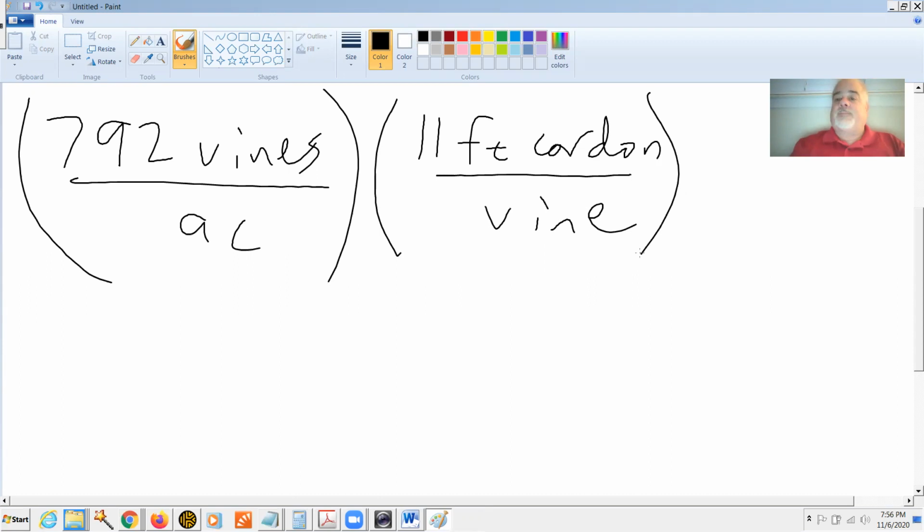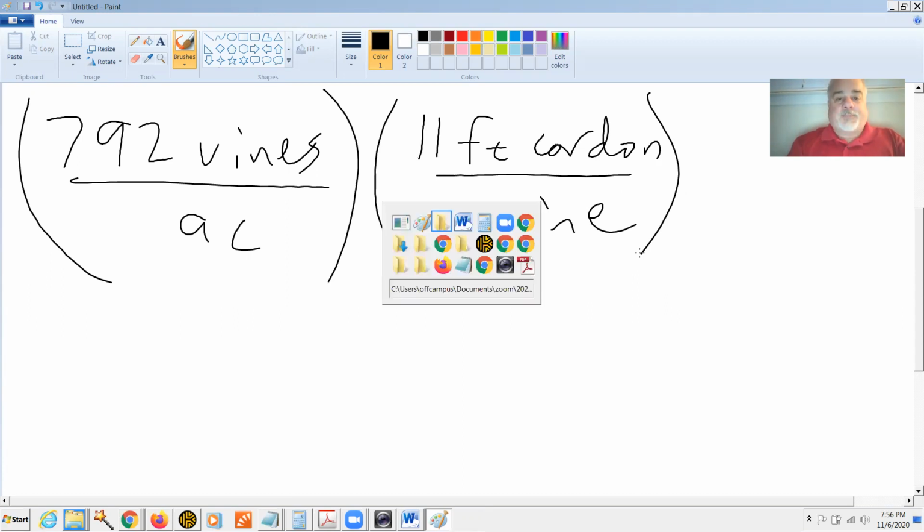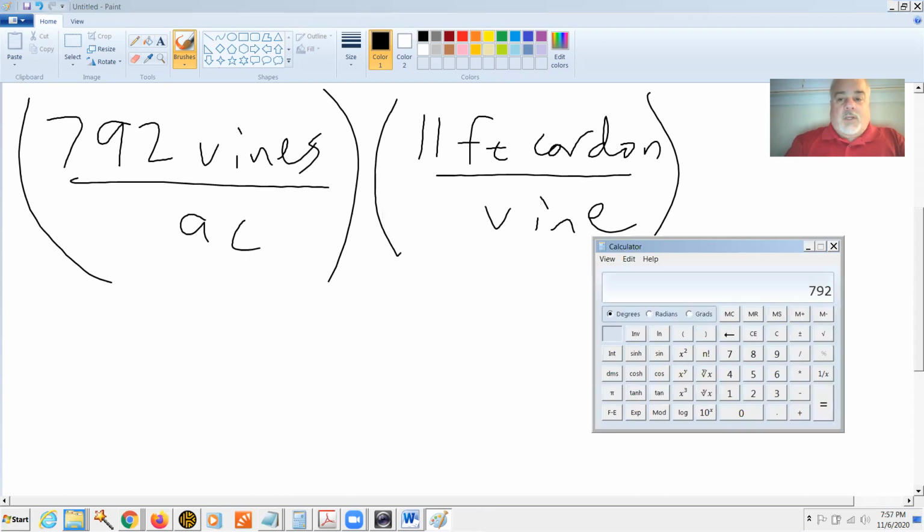Make sense? With a double cordon, I double it. I've got 11 feet of cordon per vine, and with 792 vines per acre, what does that come out to be? 792 times 11.